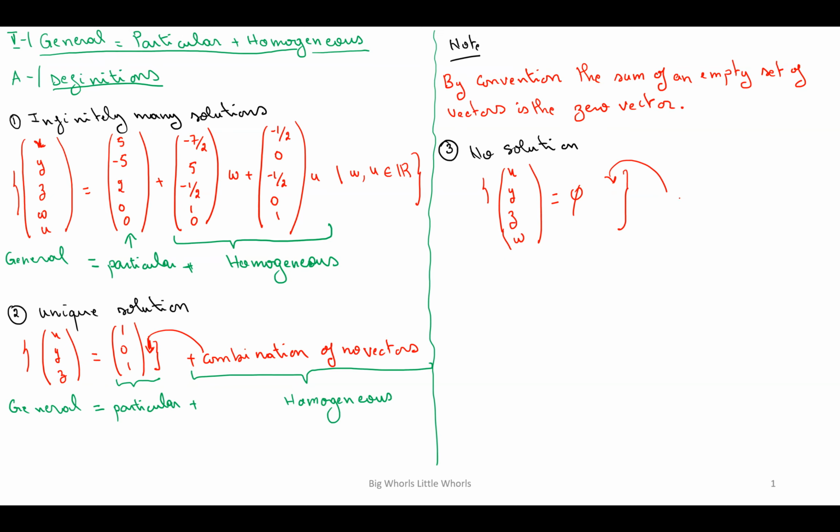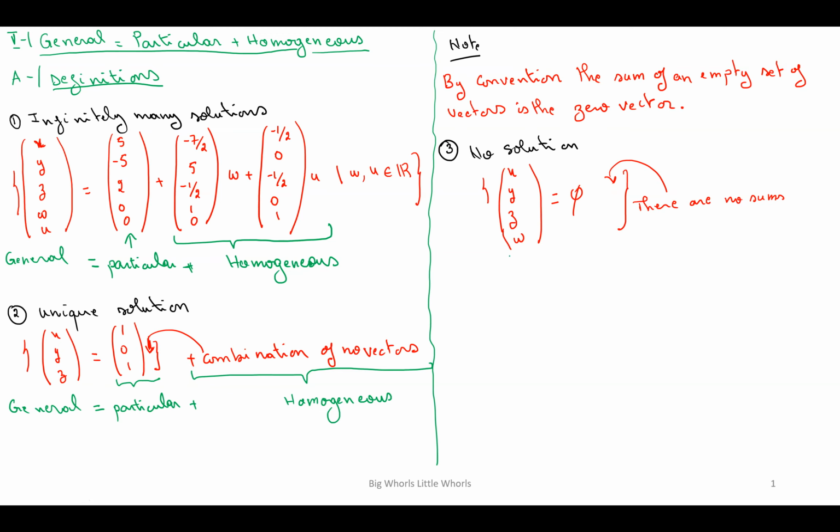Okay, so because if something is empty, that means there are no sums of the vectors. So there are no sums there, of the vectors or of any vectors.